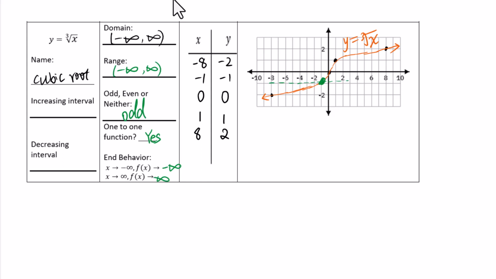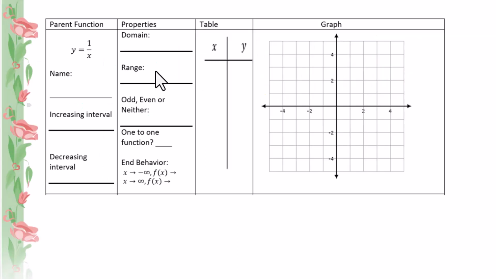From left to right, the graph goes up. This is an increasing function. Increasing interval is all real numbers. No decreasing interval.